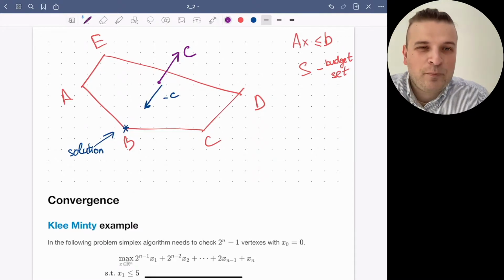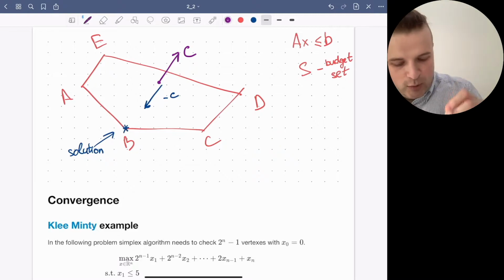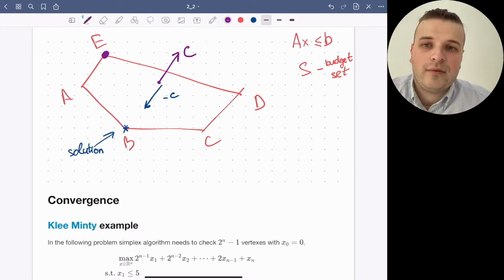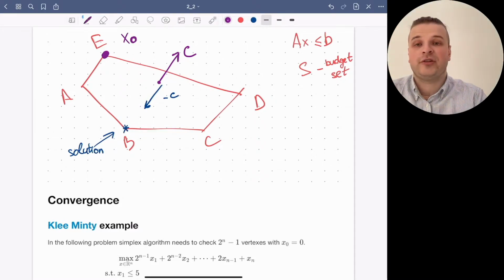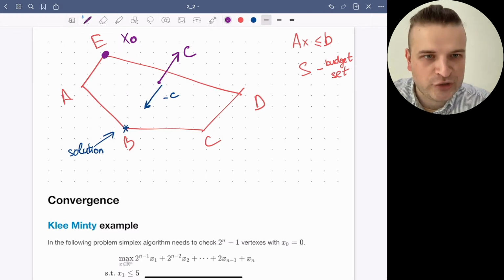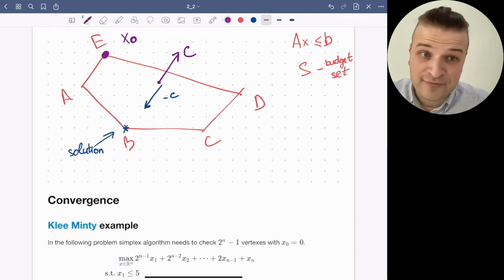And suppose we have this vertex E as our initial guess. So the initial guess is some vertex. Actually, it's not an obvious question how to find any vertex in this polyhedra.